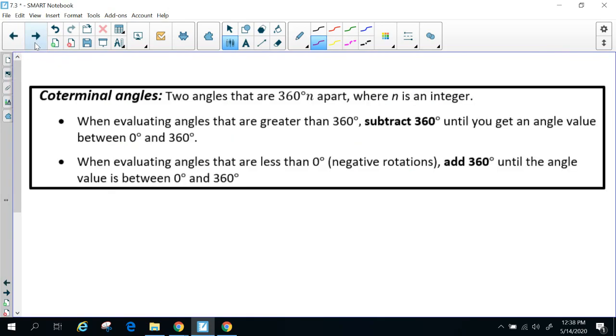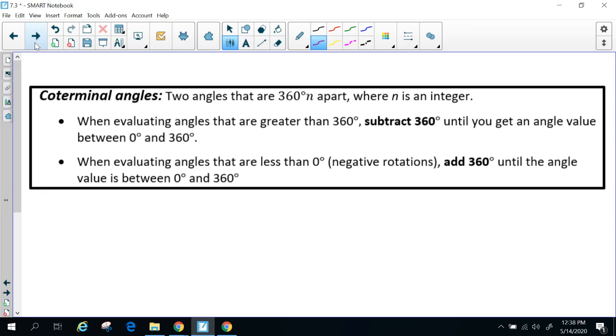Today we're talking specifically about coterminal angles. So these are going to be two angles that are 360 degrees times n apart, where n is some integer. So the angles are separated by a multiple of 360. If we see angles that are bigger than 360, that just means you went more than once around the unit circle.